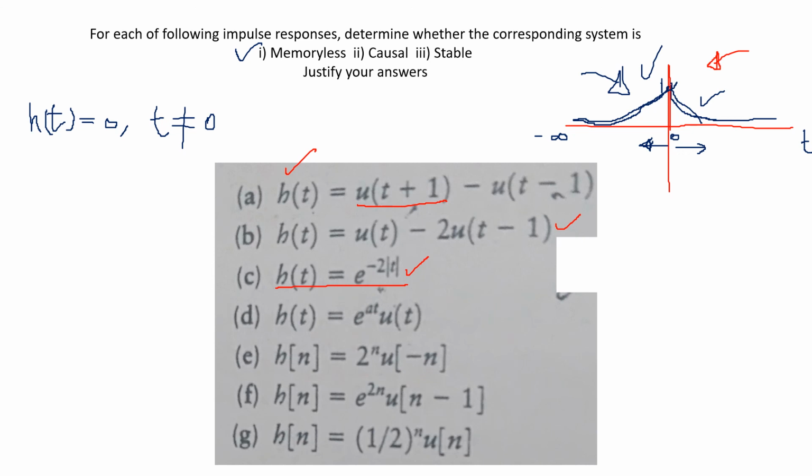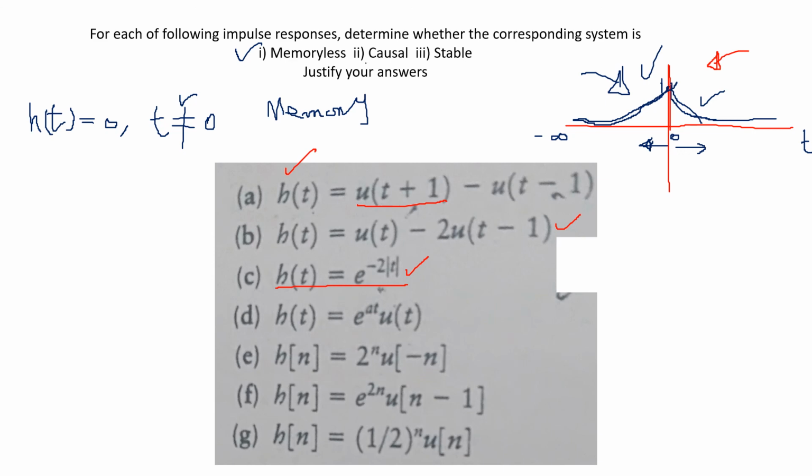If this is the case, then we say the system is memoryless. But if you look at this one, the system response is not 0 for t not equal to 0. So that means this system has memory, right? This is a system with memory.